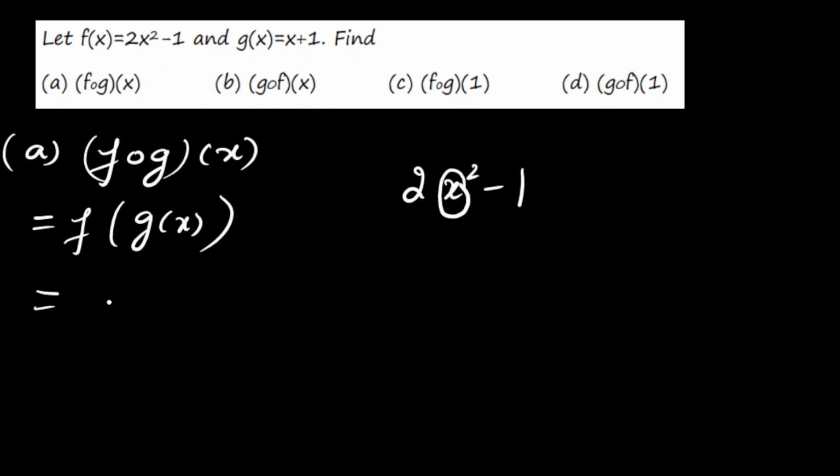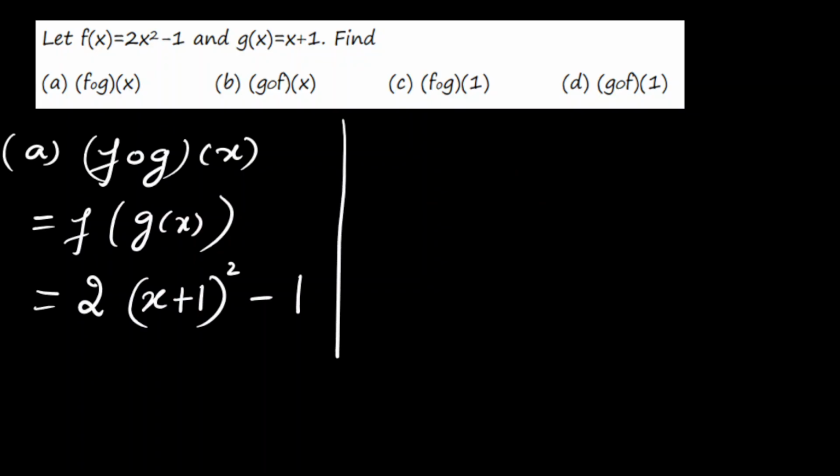So here we will get 2 as it is, and in place of x we have to write g's value, so that is (x plus 1) whole square, as it is, minus 1 as it is. So we have found part A's value. f of g of x is equal to 2 times (x plus 1) whole square minus 1. If you want further simplification, we can do it.